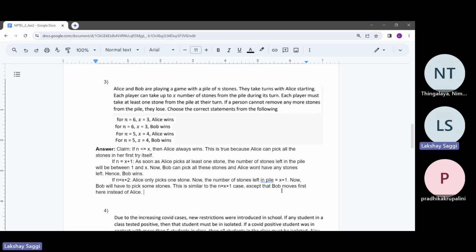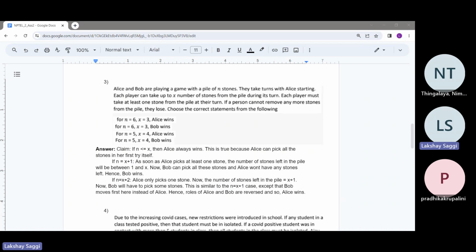Earlier, when the number of stones left is x plus 1, Bob is actually moving first, because Alice has already moved and picked one stone. So earlier Alice was losing when she was moving first. Now Bob is moving first here. Hence the roles of Alice and Bob are reversed, and so Alice wins.